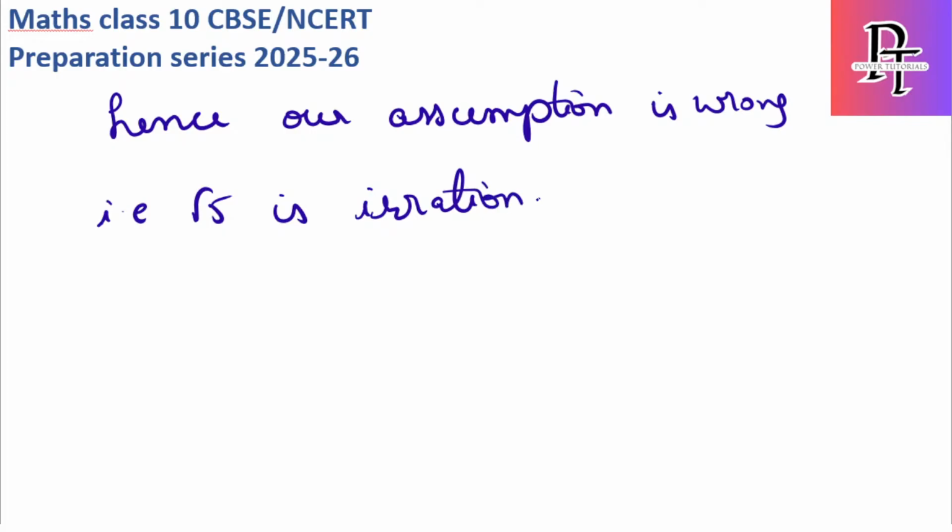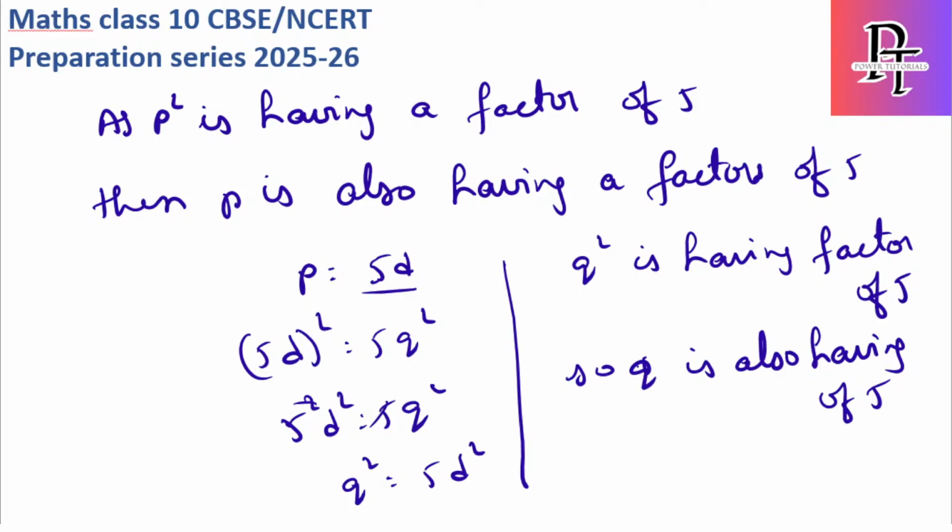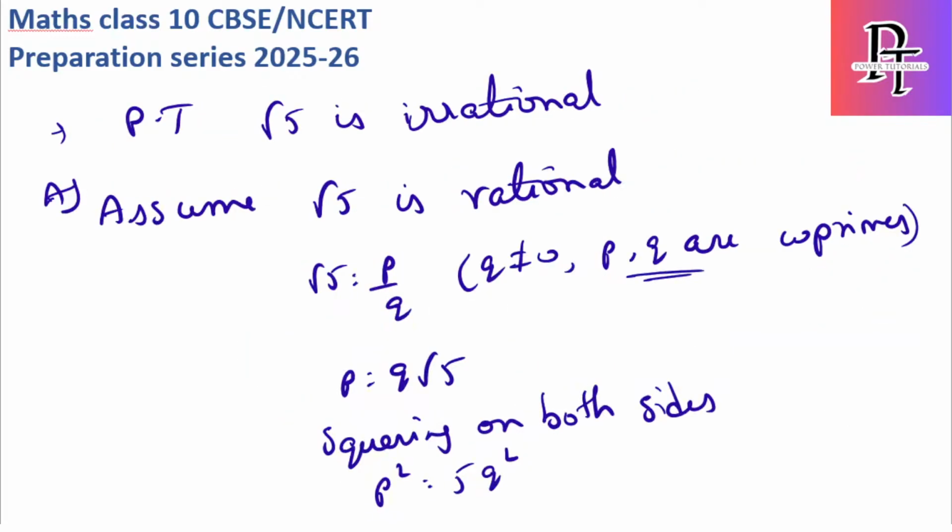You can get at least 3 to 4 marks from this question, and they can change it to 5 plus root 5, 3 minus root 5, whatever they want. But the concept is the same: assume it as rational, divide it, square it, prove that the assumption is wrong, then your answer is done. So from real numbers only these questions will be coming. They can ask you LCM, HCF, writing any number in terms of its prime factors, and proving any root value as irrational.